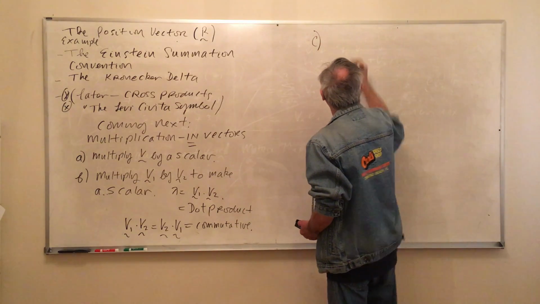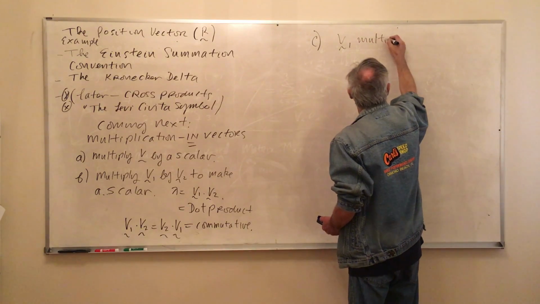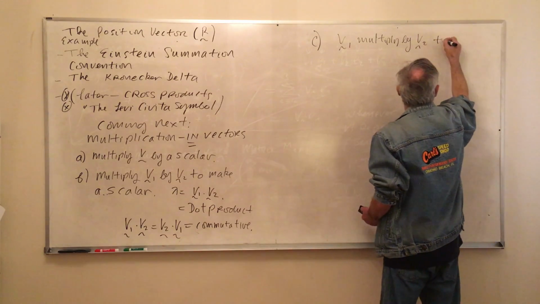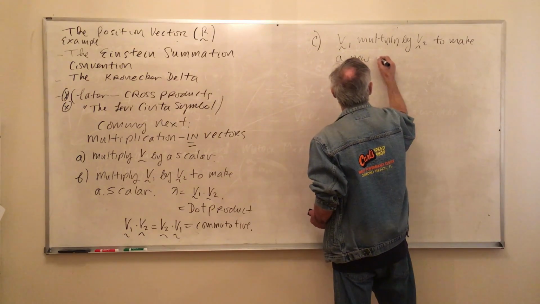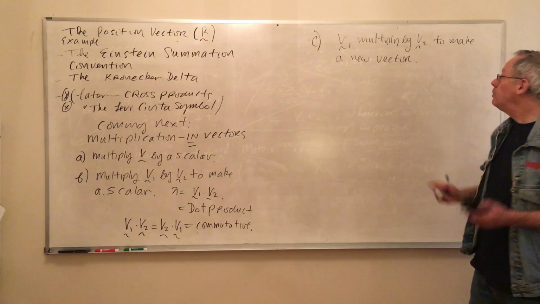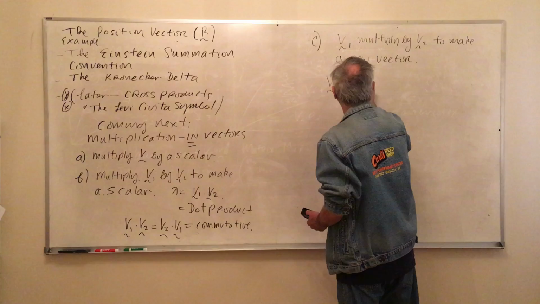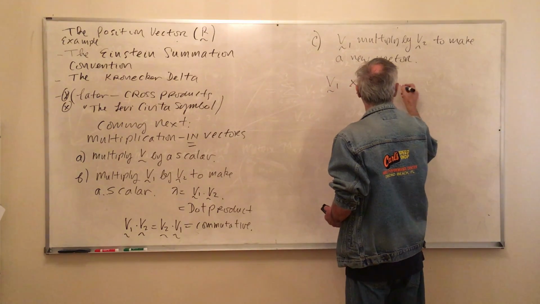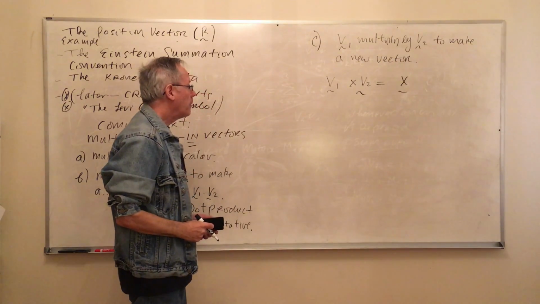So now we get two vectors, and in this case here we take vector v1, multiply it by v2 to make a new vector, some new vector x, we will say.